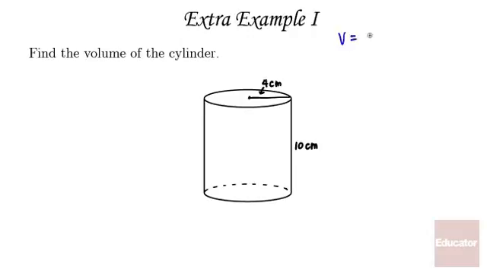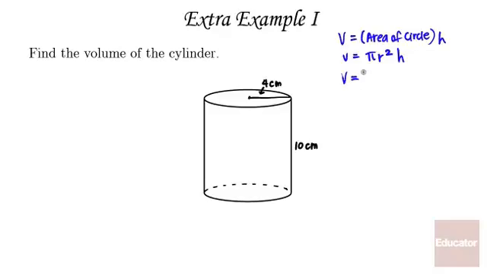Volume is the area of the base, which is the area of the circle. Okay, so let's find the area of the circle, times the height. This is pi r squared. Okay, that's the formula to find the area of a circle, and then times the height of that cylinder.